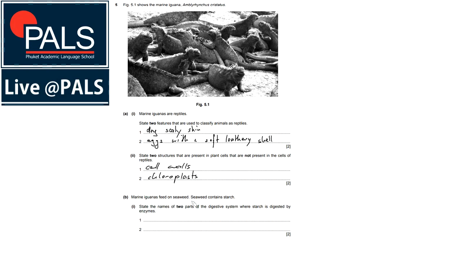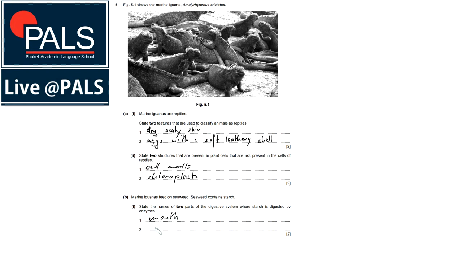Marine iguanas feed on seaweed. Seaweed contains starch. State the names of two parts of the digestive system where starch is digested by enzymes. That is the mouth, by the saliva, which contains salivary amylase. Amylase is the enzyme that breaks down and digests starch into maltose. Maltose is then digested by maltase into glucose.